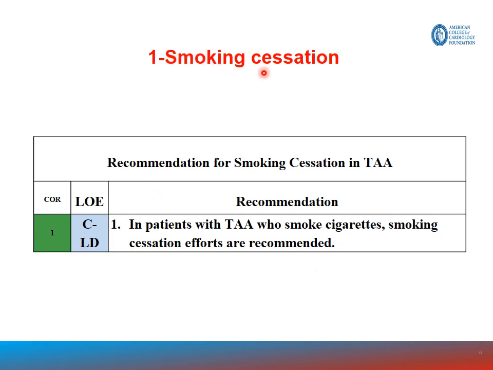Let's start with smoking cessation. According to the American College of Cardiology guidelines for management of aortic aneurysm, which was released in 2022, in patients with thoracic aortic aneurysm who smoke cigarettes, smoking cessation efforts are recommended.